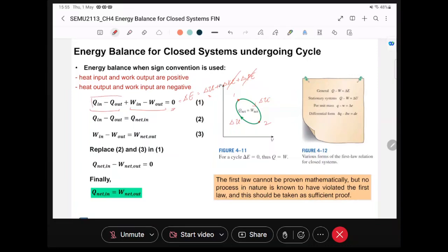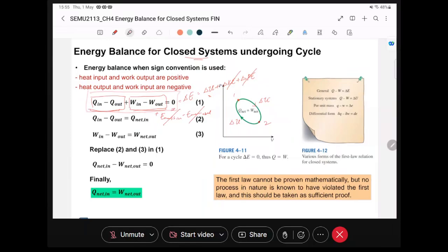This is the summation of Q, this is the summation of work. Supposedly there's an E mass in minus E mass out as well, the full equation. But because this is a closed system, this is 0 as well. So we live with this equation here.